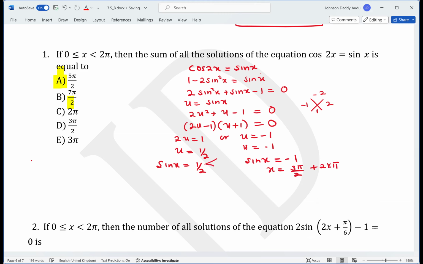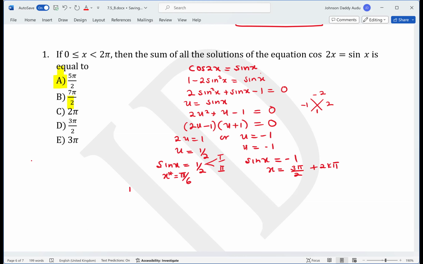And here we'll have either in the first or in the second quadrant, but our reference x, which we can call x star, is going to be 30 degrees, which is pi over what? Pi over 6, right?